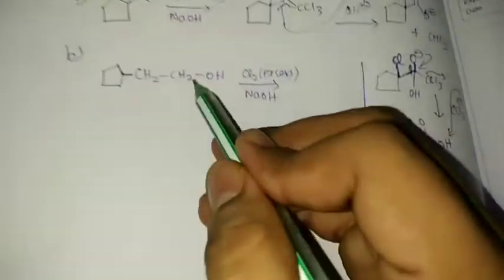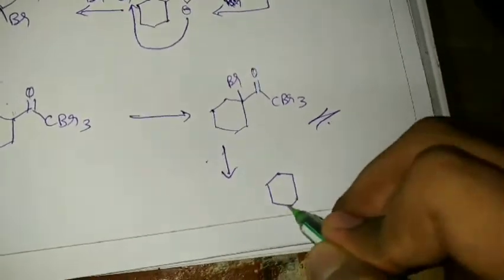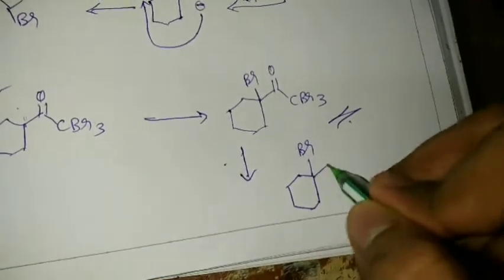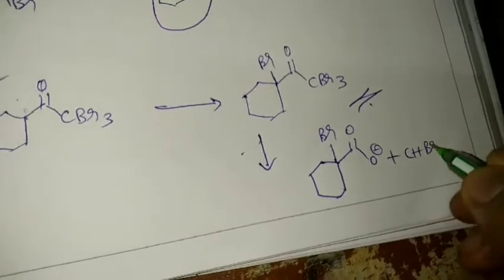So here also they have given this alcohol, right? In the previous question also, after this forms, you can do it like this: Br, O minus plus CHBr3.